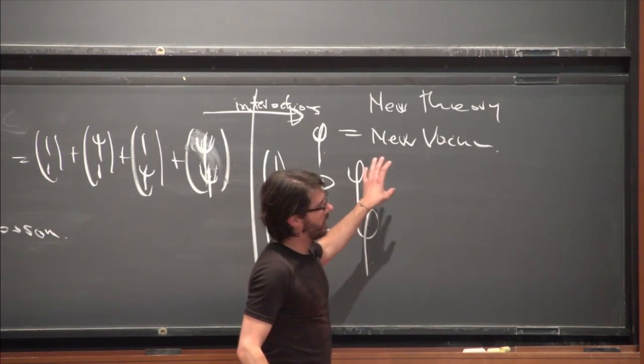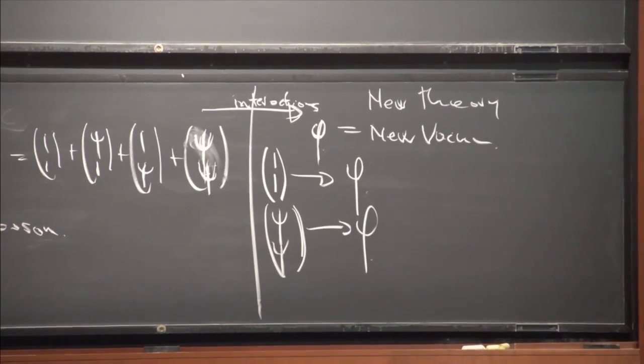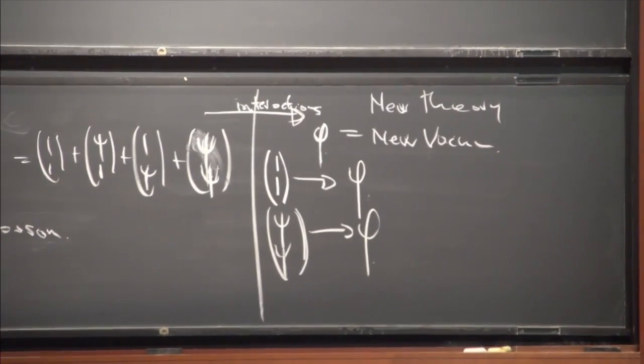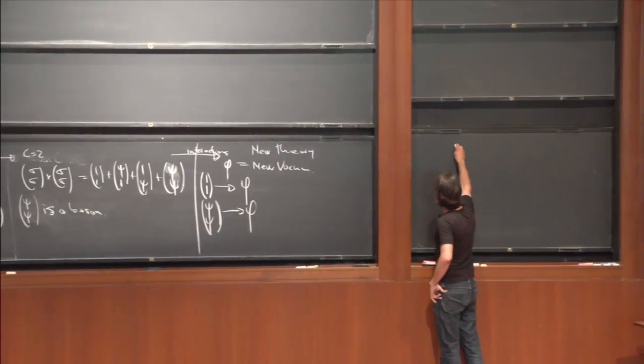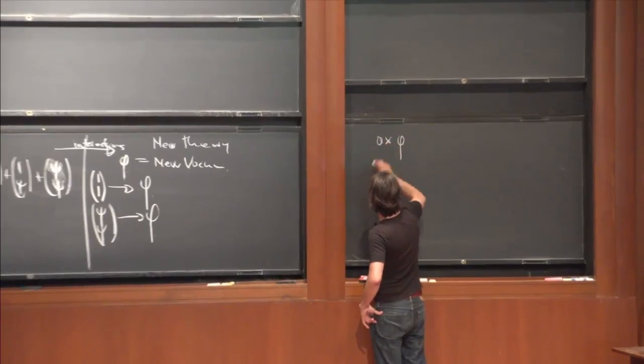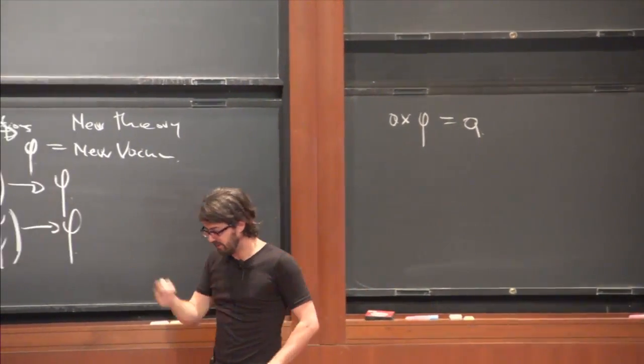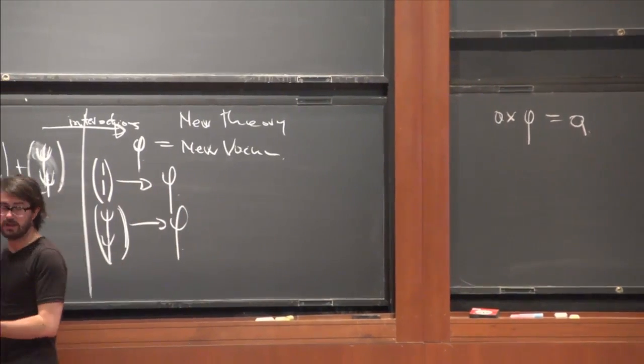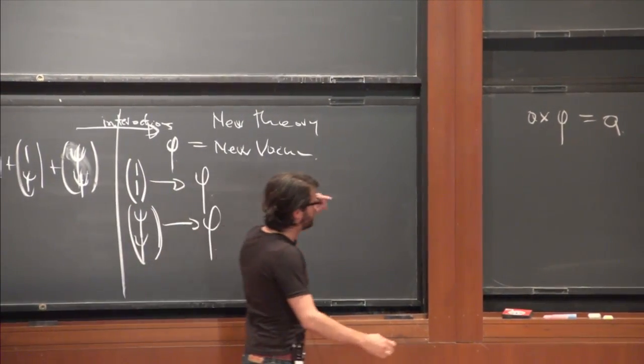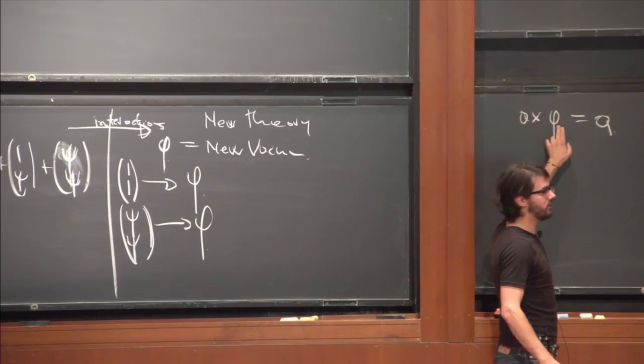But what I know about the vacuum is that in any new theory, any particle times the vacuum must give the same particle. If I fuse the vacuum with a particle, I get the same particle. So this is a new particle, the new vacuum.